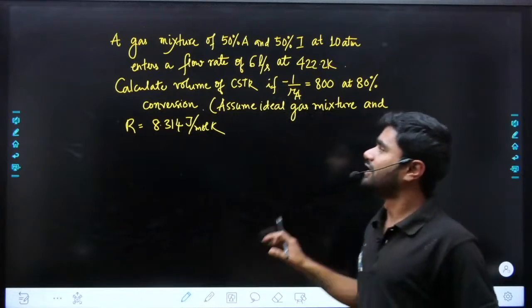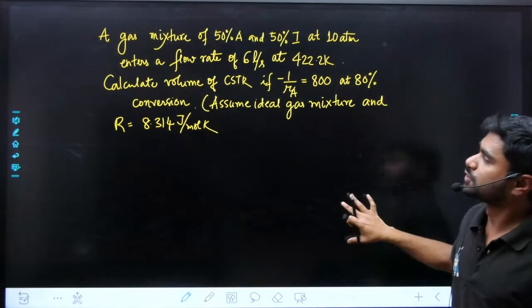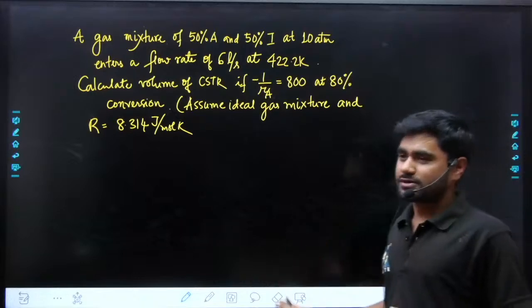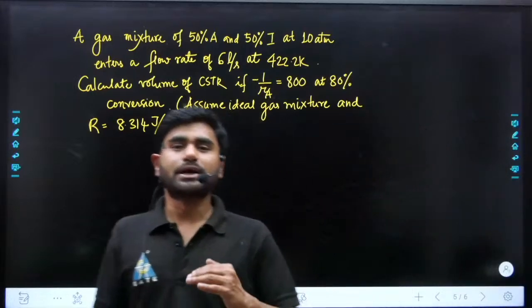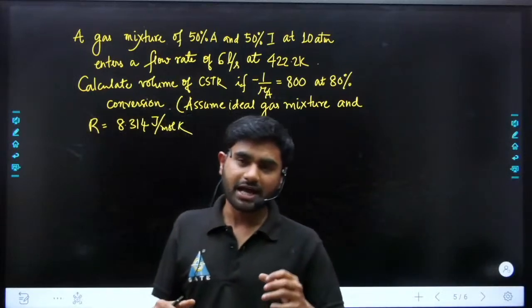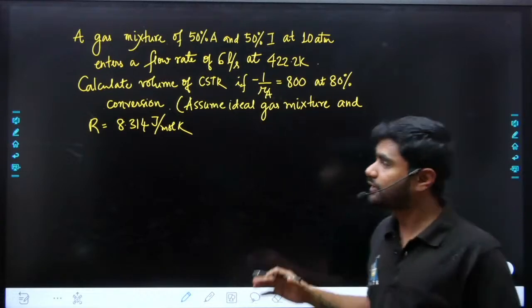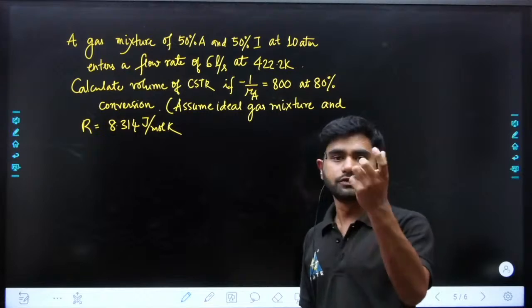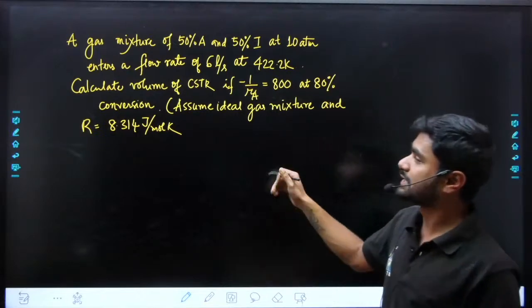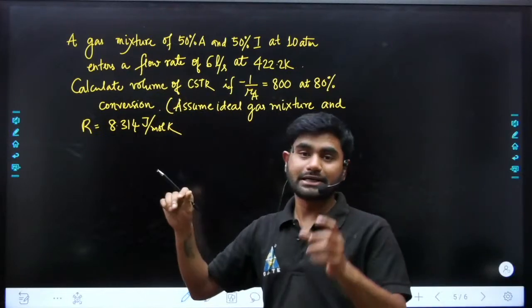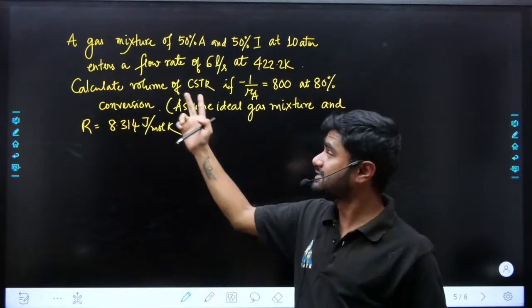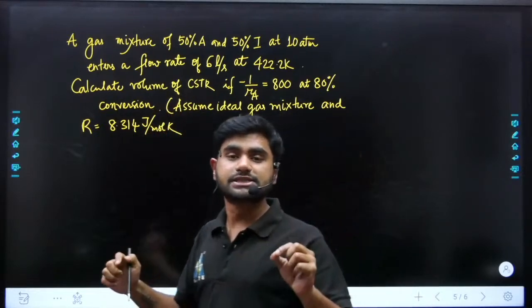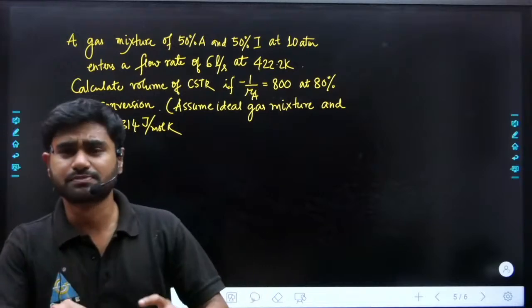Now when you see such a question, any question should not be underestimated. Every question has to be challenged. So how can we proceed? We need to see what has to be identified. The first thing is volume. The CSTR volume, the reactor volume, has been asked in this question.